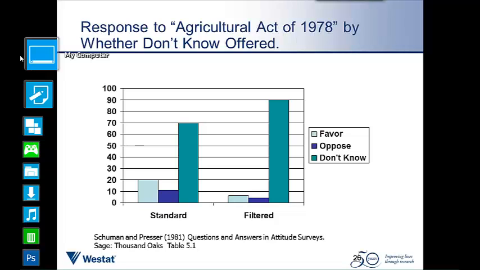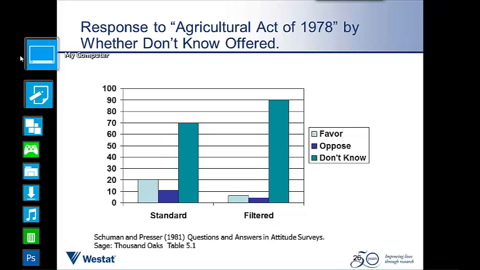They actually had about 30% of respondents who had an opinion about this. Whether or not they guessed their opinion or actually knew what the act was and provided an opinion, it was surprising that so many people did give a substantive response, but fully 70% said they didn't know.